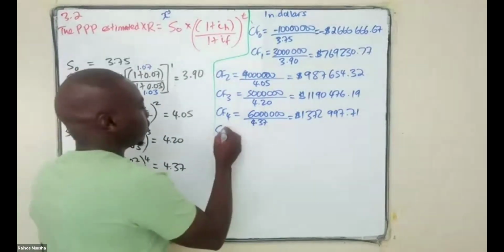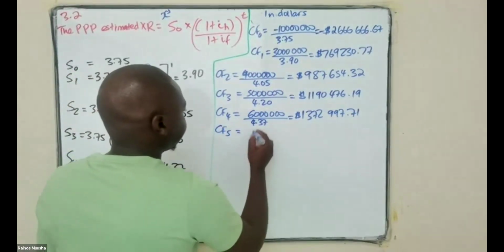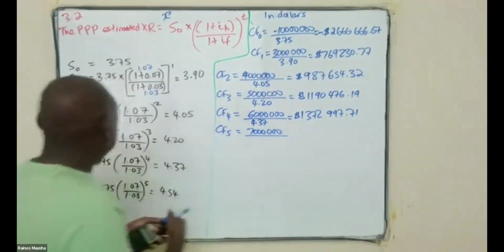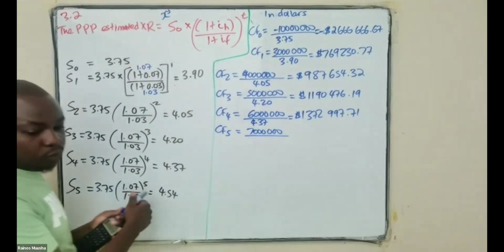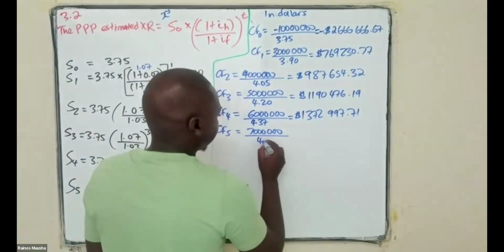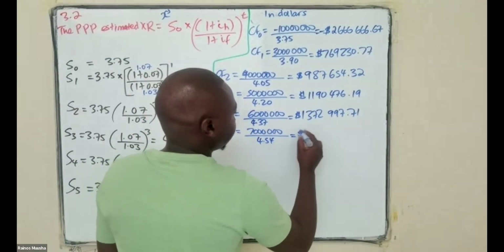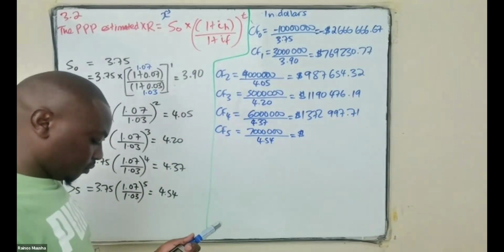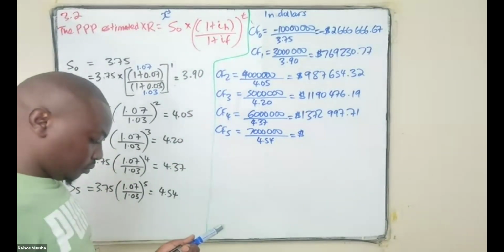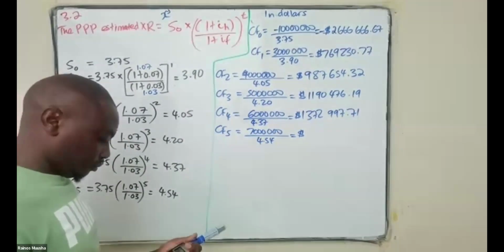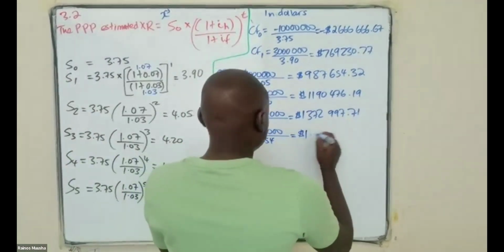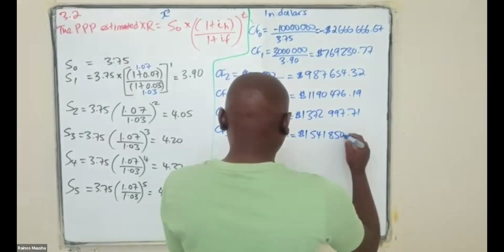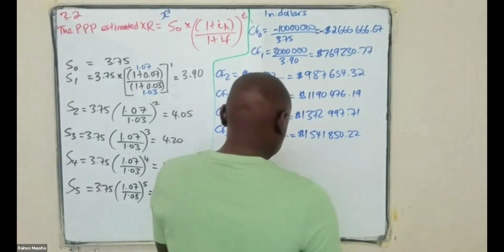And then your cash flow for year 5 would be 7 million over, remember for year 5, the exchange rate is 4.54, which will be equal to 1,541,850.22.